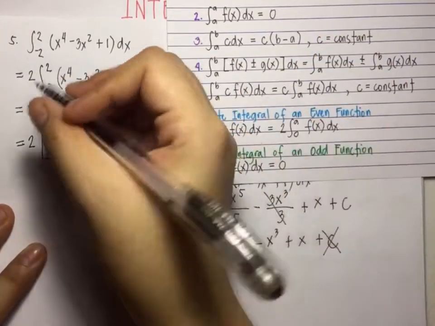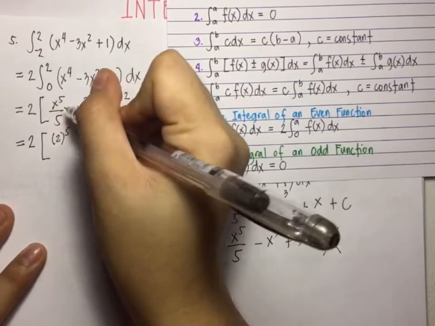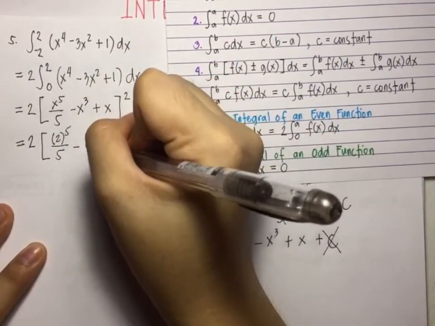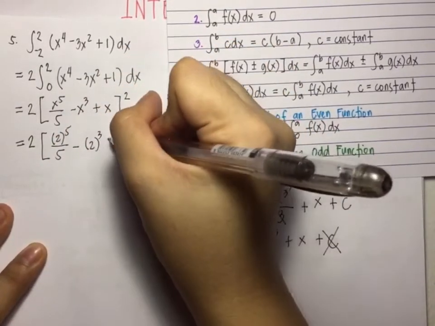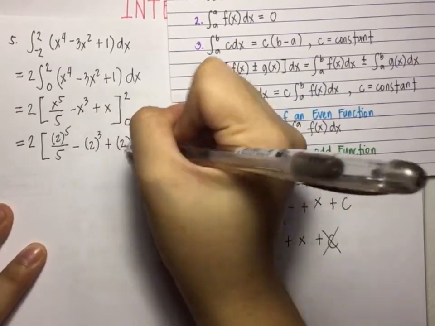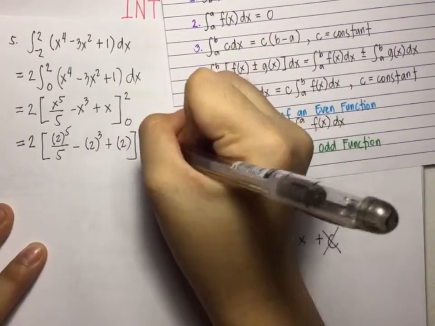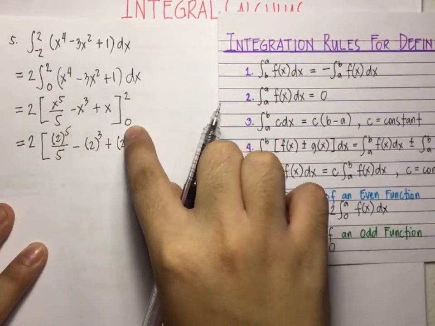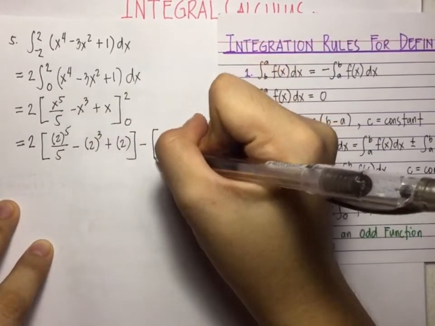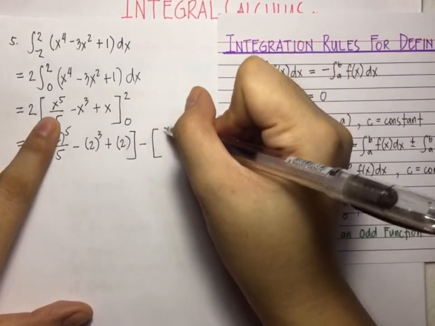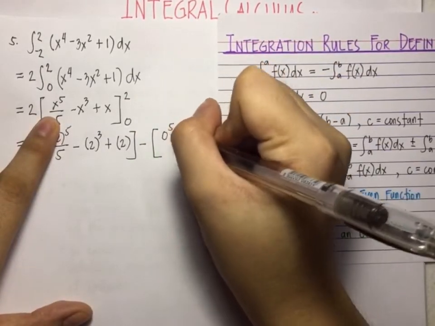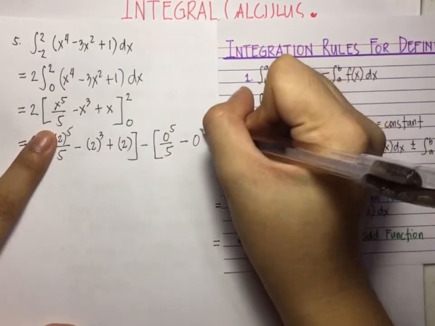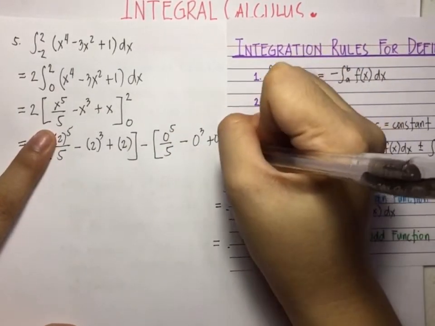So we have 2 raised to 5 over 5 minus 2 raised to 3 plus 2, minus, replace now x with the value of a, which is 0, the lower limit. So 0 raised to 5 over 5 minus 0 cubed plus 0.